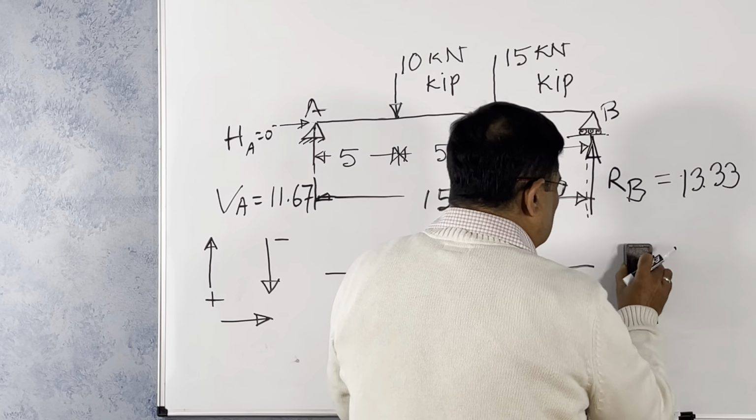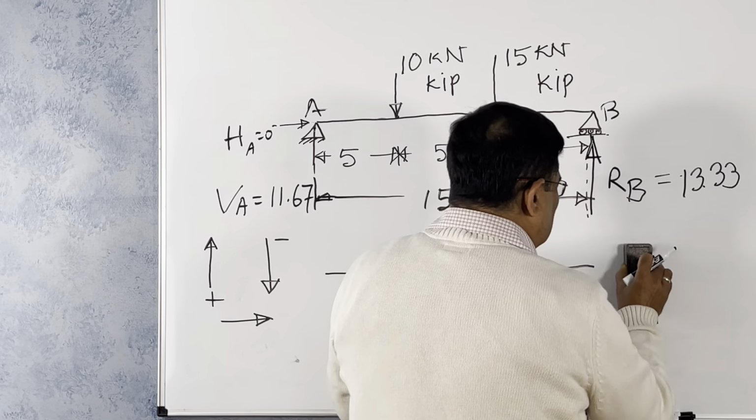I made a mistake in my convention. It is just opposite of that. If you consider from right to left, vertical upward is negative, downward is positive. This is positive, this is negative.